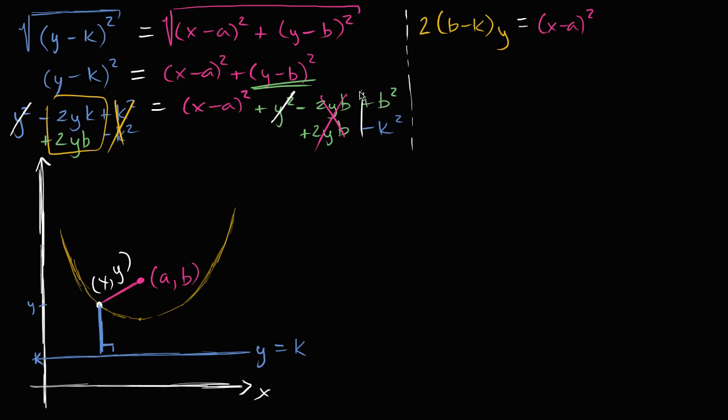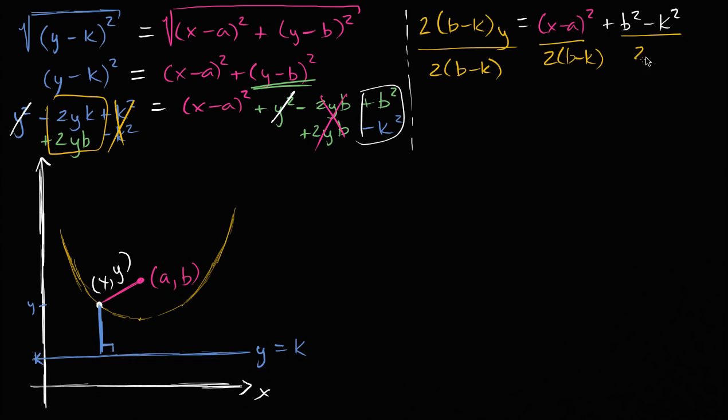So b squared minus k squared plus b squared minus k squared. Now, I said all I want is a y on the left-hand side. So let's divide everything by 2 times b minus k, and I'm going to divide this whole thing by 2 times b minus k.